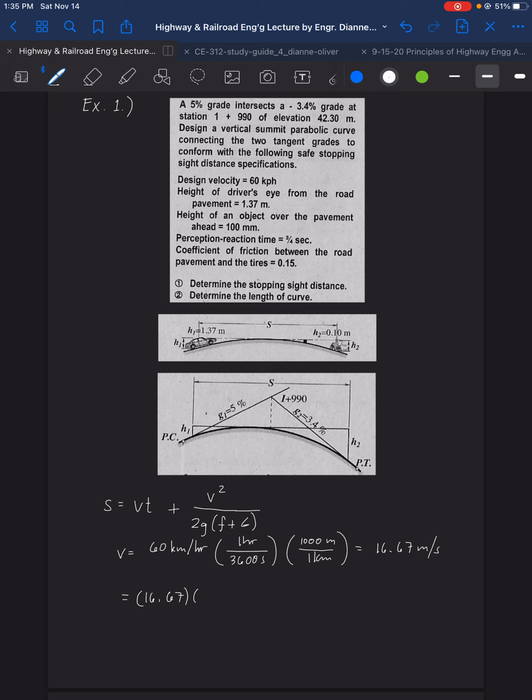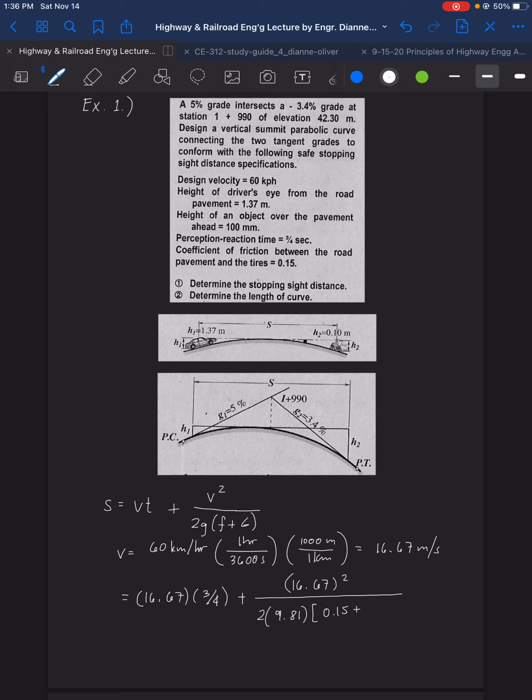Now substituting to the formula, we have 16.67 times the perception reaction time of 3/4 of a second, plus velocity 16.67 squared over twice the gravity, times the friction of 0.15 plus the grade.